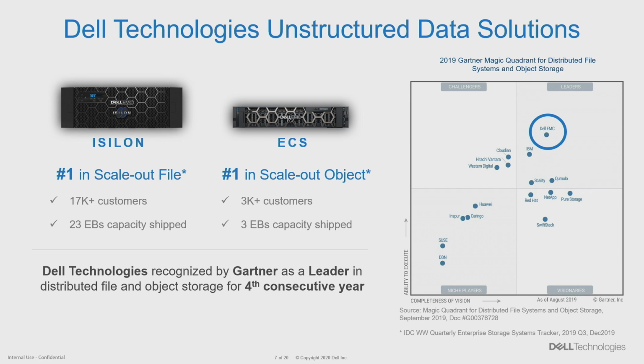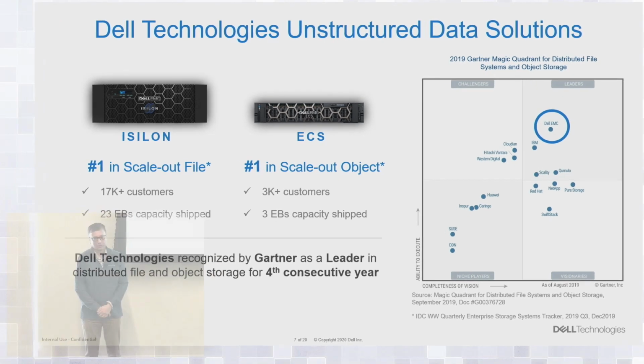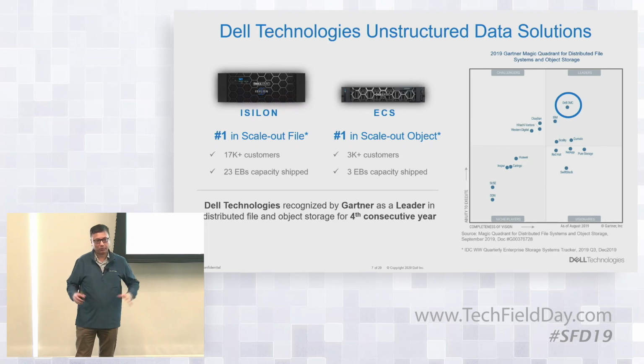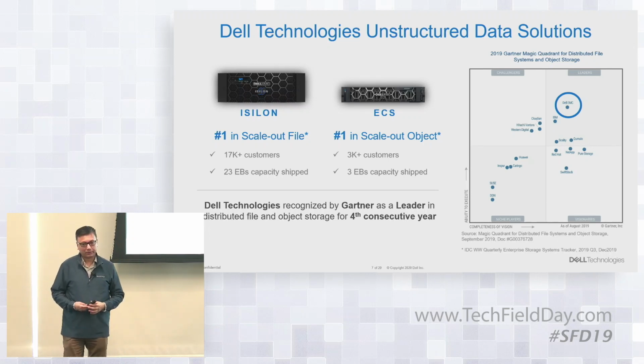On this side of the slide, we are also showing you the latest Gartner Magic Quadrant for distributed file systems. That's what they call unstructured distributed file systems and object. And as you can see, Dell EMC is in the leaders quadrant right at the top. This has been the case for almost 4 consecutive years now. So we are way ahead of where the rest of the field is.